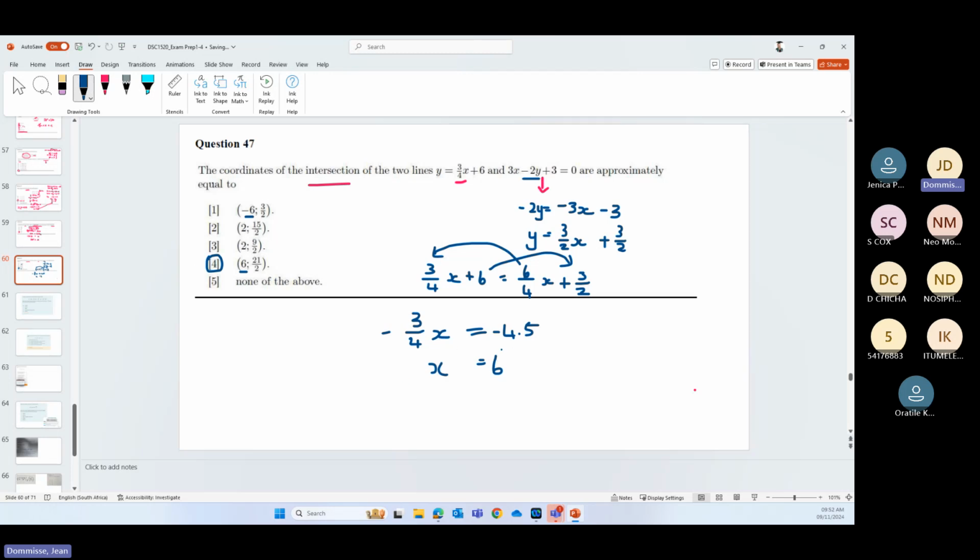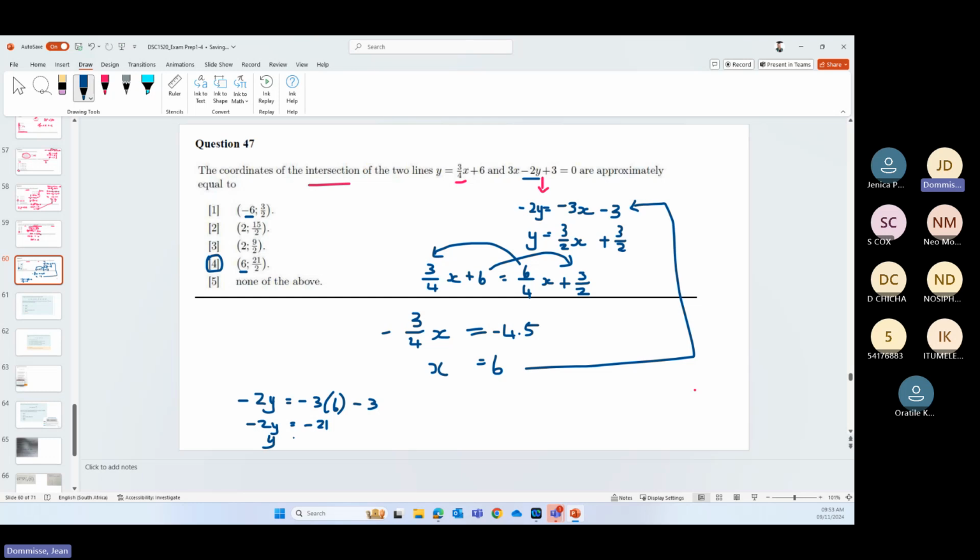But let's just put that 6 back into a formula. So I would actually put that back into that formula, so that I just don't work with a fraction until maybe the last point. So I will have minus 2y is equal to minus 3 times 6 minus 3. And minus 2y is equal to minus 18 minus 3, which is minus 21.